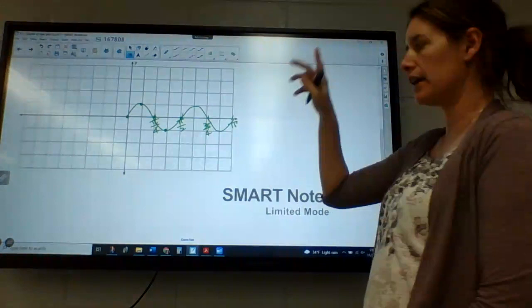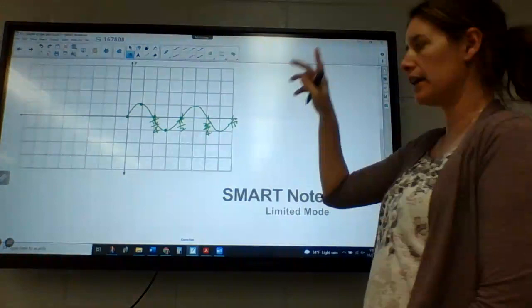Yes, sir. So you had pi here, he had 2 pi, 3 pi. So he basically did the same graph as we did for the one before. However, his needs to repeat by the time it gets to pi over 2. Pi over 2 is here. So what that means is this needs to go up and down before it's back.